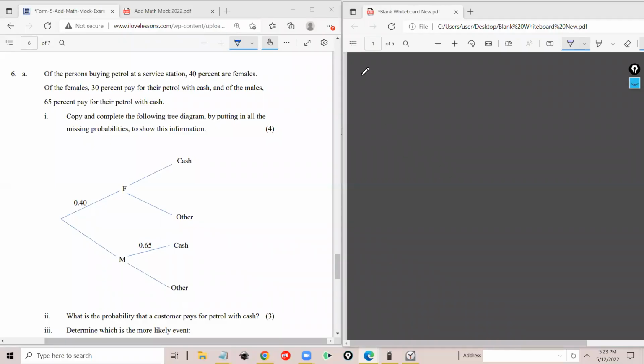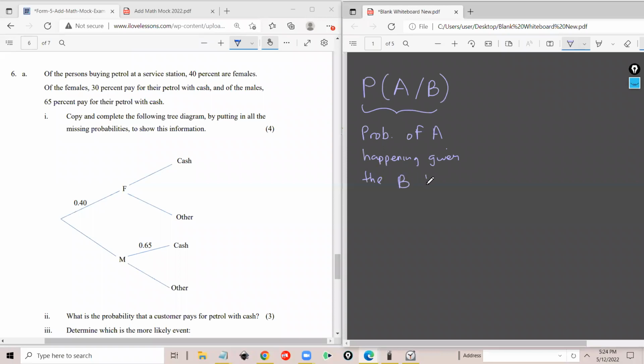Whenever you're doing probability, if you ever see P(A/B), this is interpreted as the probability of A happening or occurring given that B has occurred. And that is how you interpret it. And to work this out, this is the formula.